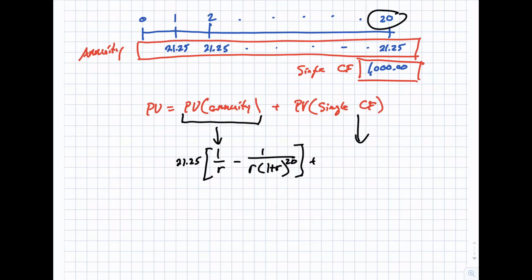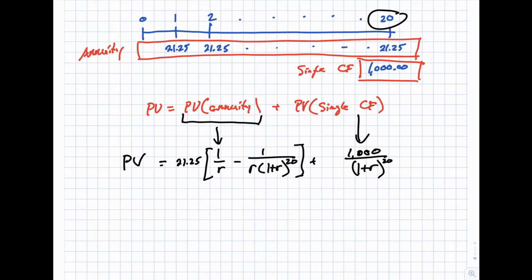And then the present value of the single cash flow is the cash flow amount in the numerator divided by 1 plus a discount rate, again raised to a T of 20. And so that should be the present value of this bond.